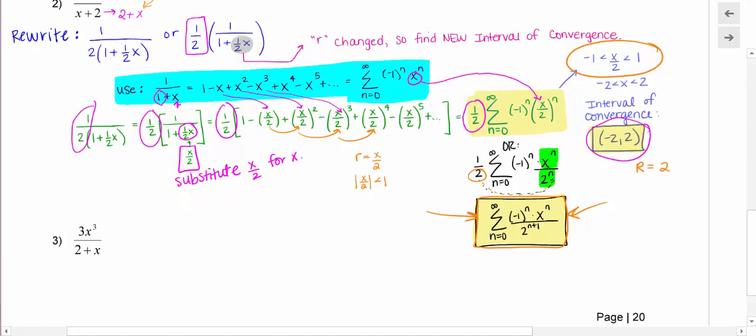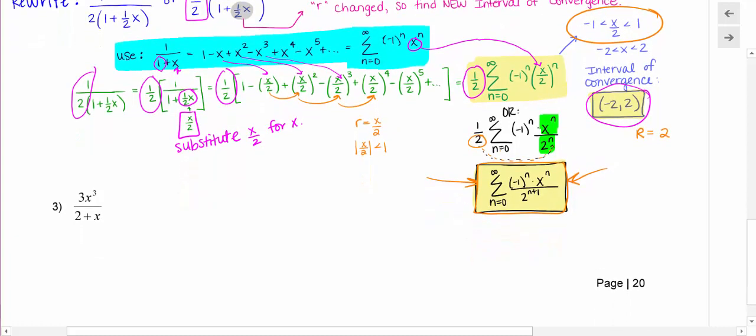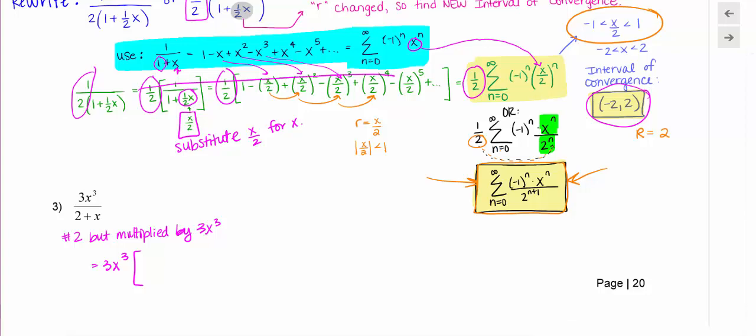So number 3 is going along the same lines as number 2 here. So number 3 is the same series as number 2, but it is multiplied by 3x cubed. Okay, so I can take each term along the way and I can multiply by 3x cubed. So I have 3x cubed times all of this that I'll highlight up here, that I'm going to write down.